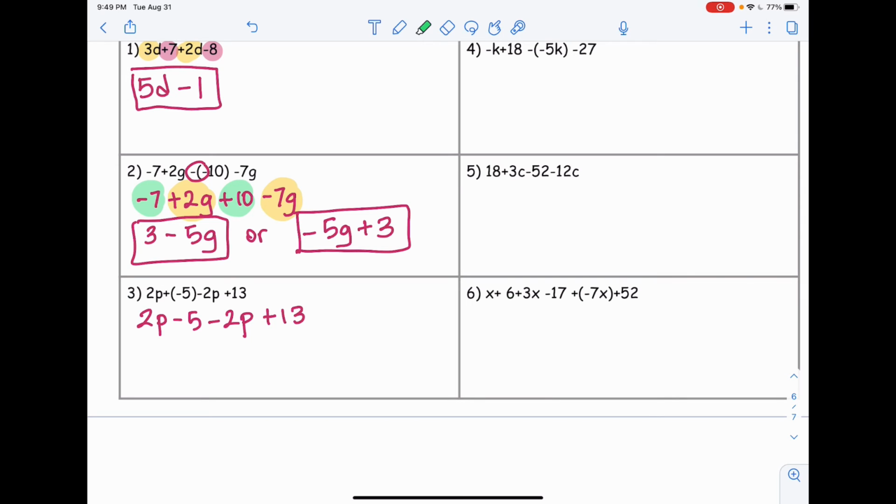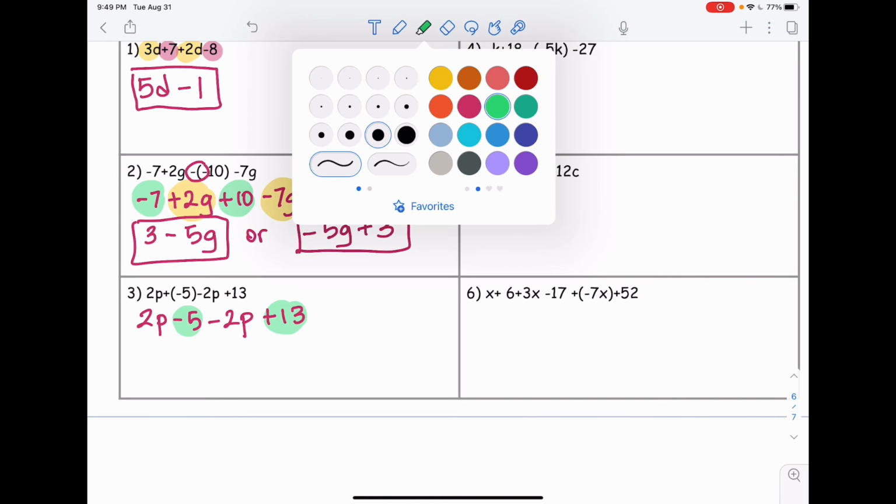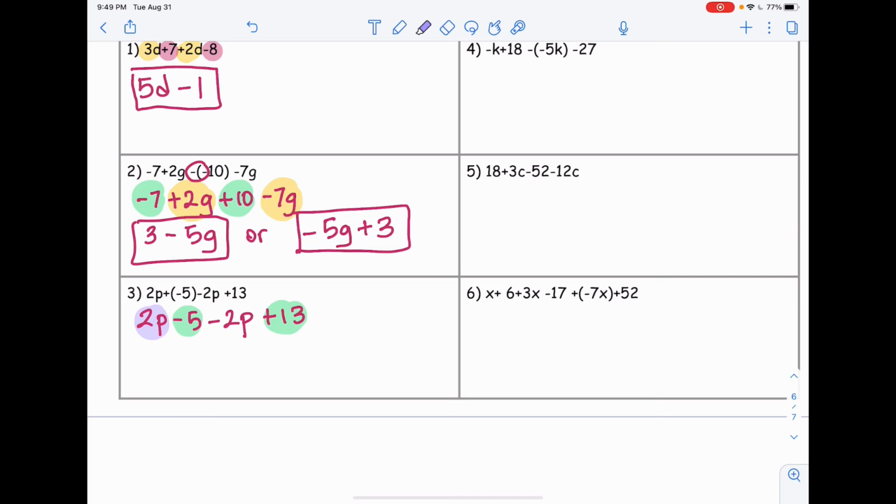We have negative 5 and we have positive 13 here, and also we have 2p and we have negative 2p here. So when you combine, first 2p plus negative 2p will cancel each other, it's going to be 0. And then you have negative 5 plus 13, which will give you just number 8. And that's the final answer.